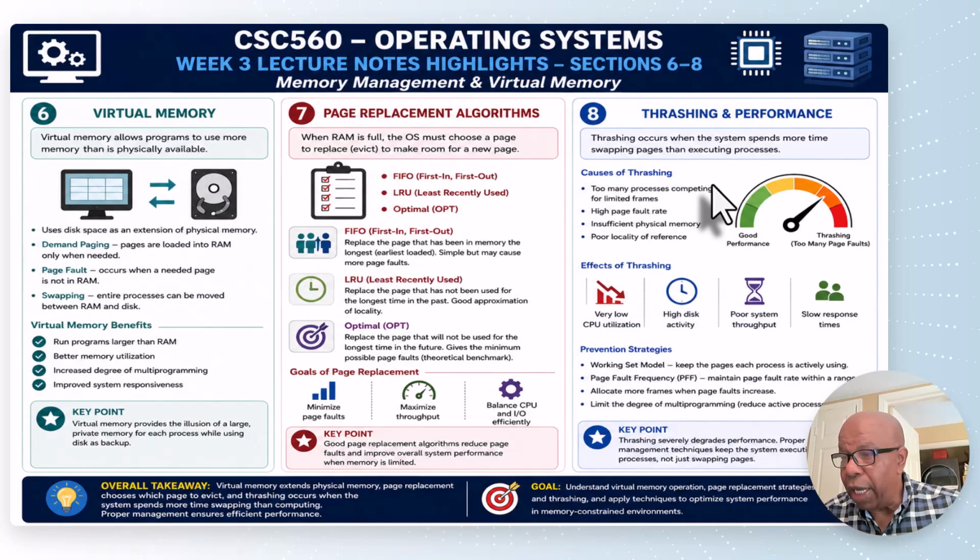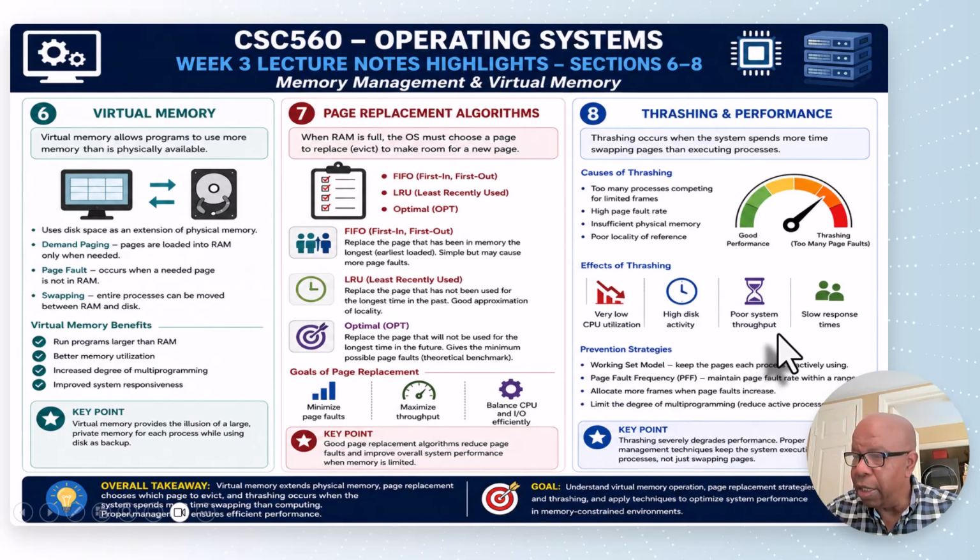Okay, so the effects of thrashing: very low CPU utilization, high disk activity, poor system throughput. It is bad when we start thrashing pages. Prevention strategies: the working set model, keeping the pages each process is actively using.